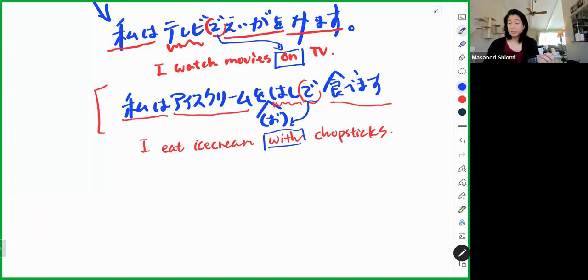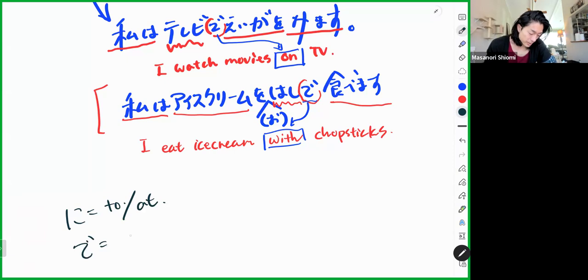For most of the particles, we don't have a literal translation in English, but some do. For example, particle ni, to, or at in terms of time. Particle de, at, to do something at somewhere.